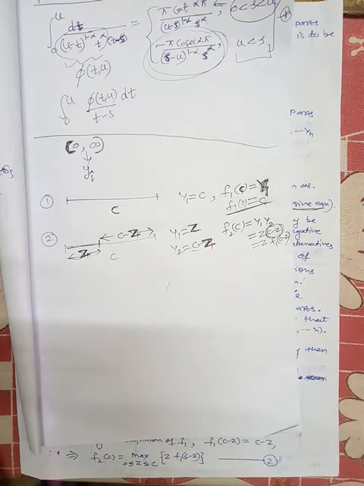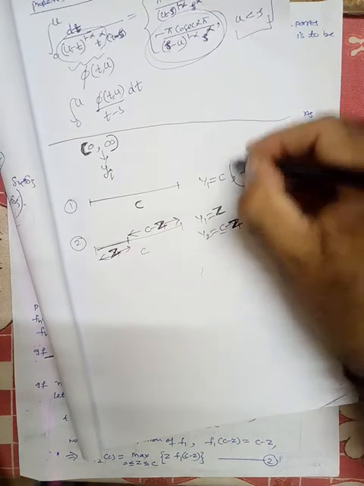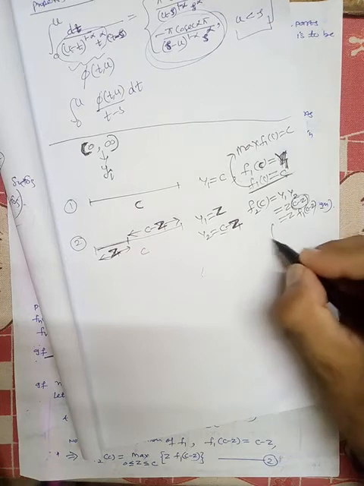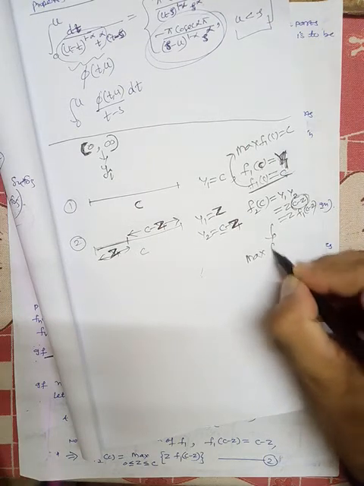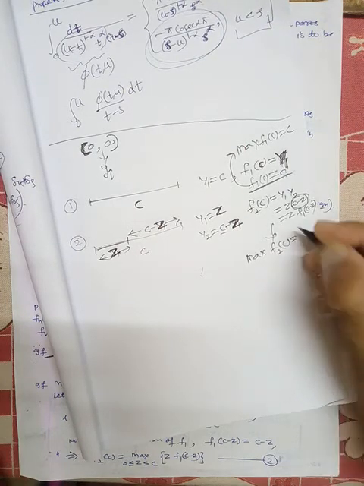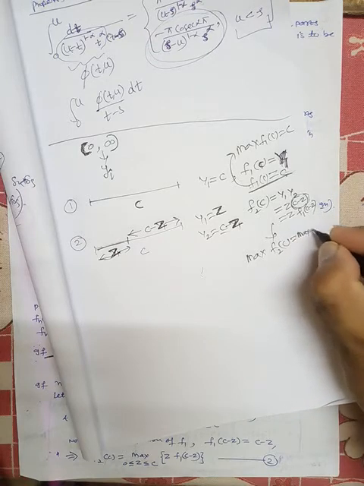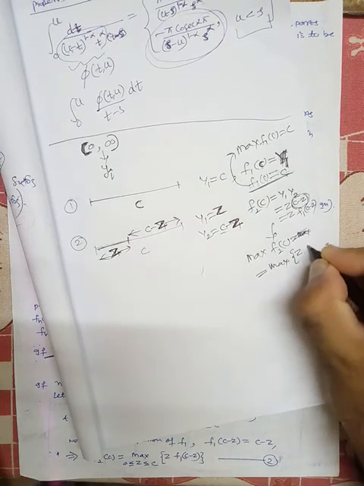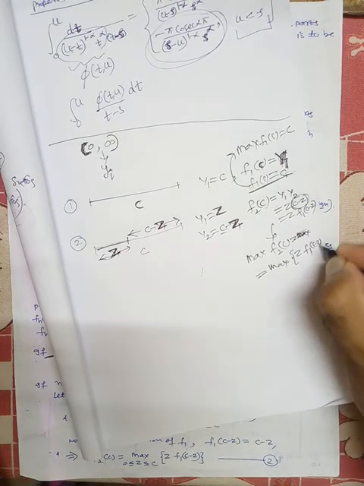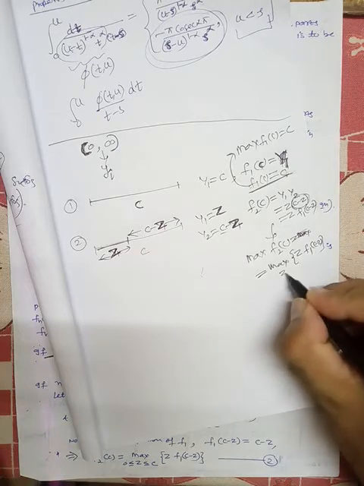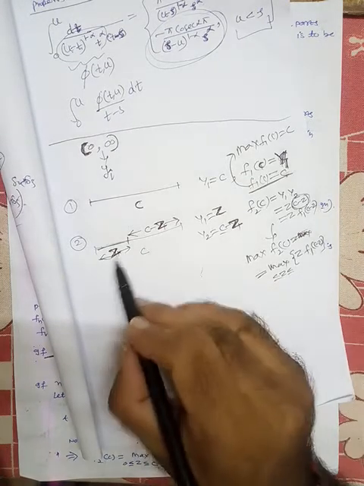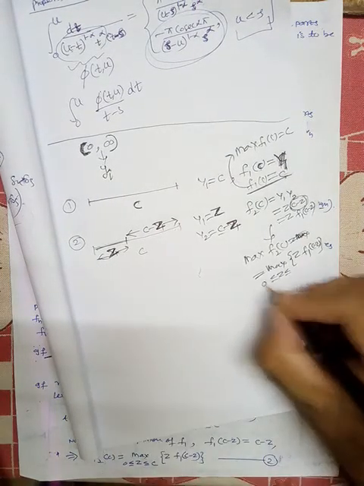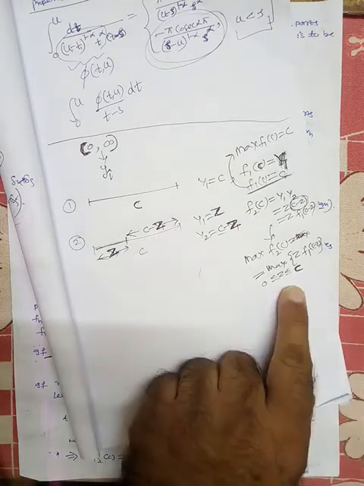Fine. What is our aim? Our aim is to maximize f1(C) equal to C. Here also our task is to maximize f2(C), which is the maximum of z f1(C minus z), where z varies from 0 to C. The value of z can go all the way from 0 to C. z is a variable quantity.